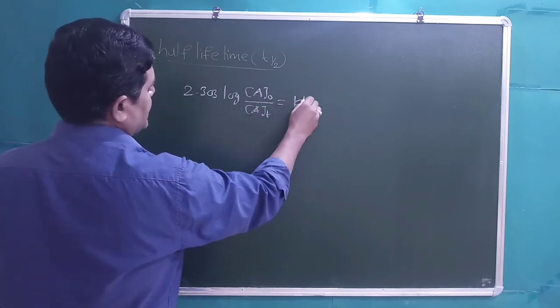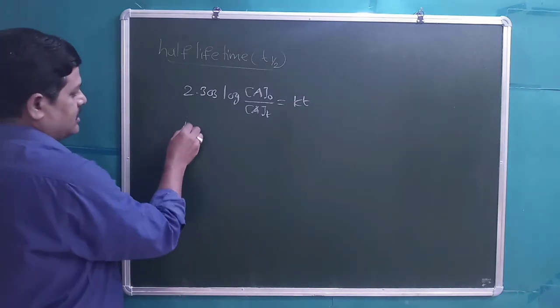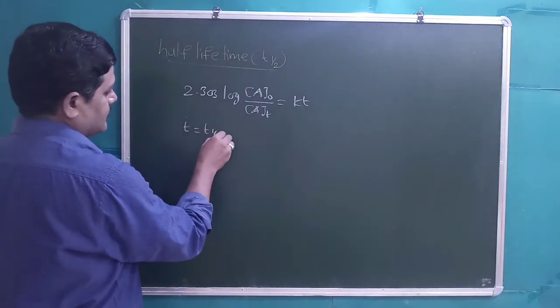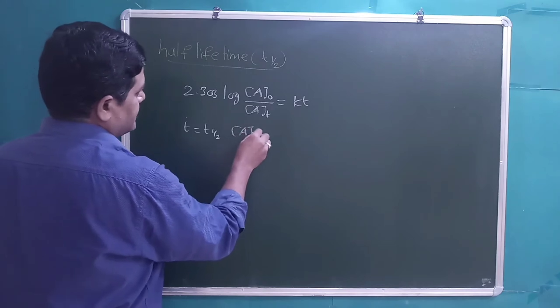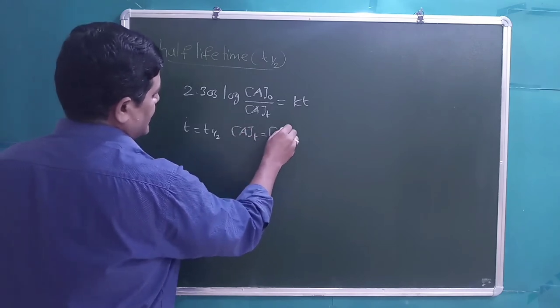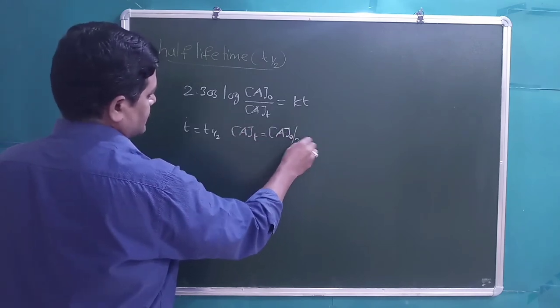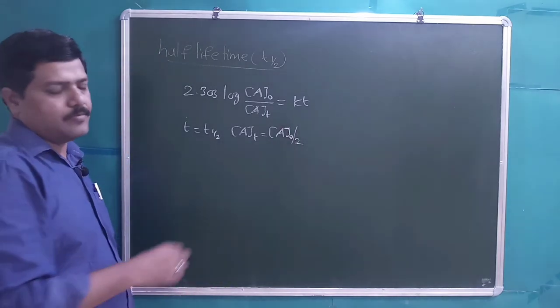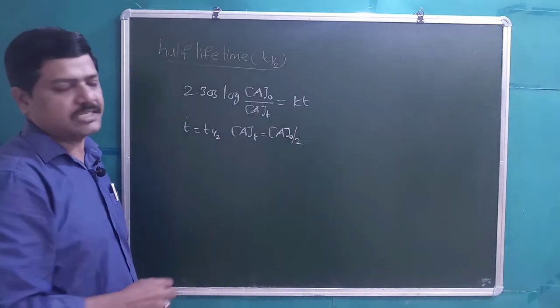When t is equal to t half, At is equal to A naught by 2. So t half is nothing but the time required for 50% of the reaction to complete.